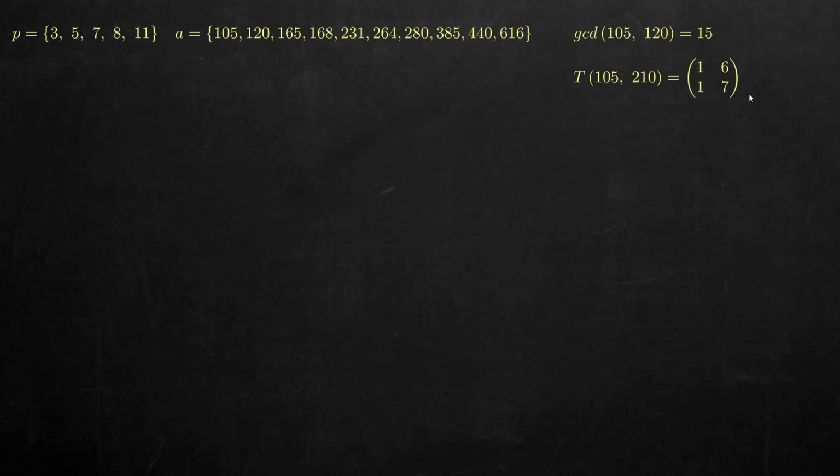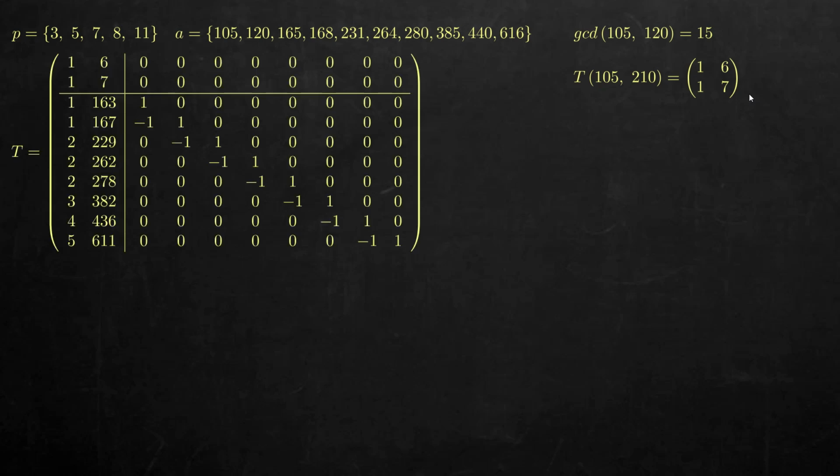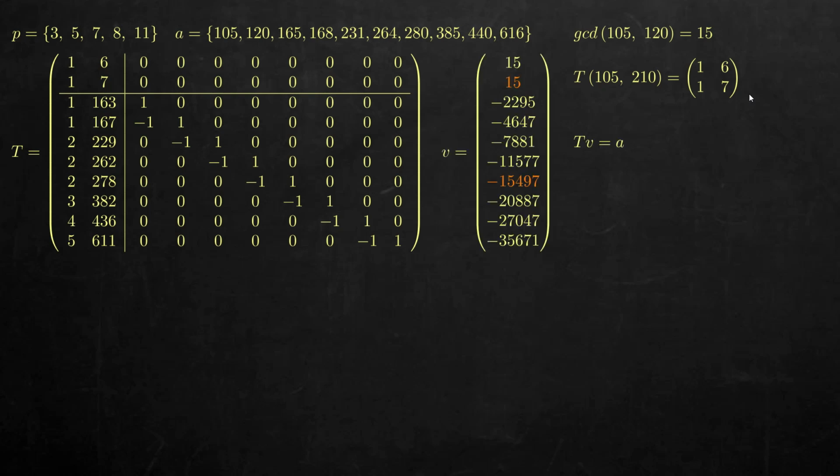For this, we start by building the unimodular matrix of the two first elements, 105 and 210. Then we use it to build our block matrix and define our intermediate matrix vector V such that T will map V to A. Then we find two elements within the elements of V such that they are coprime.